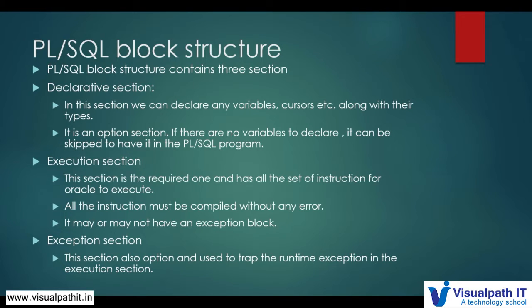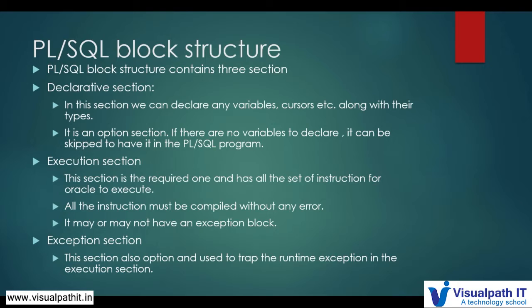Whenever that situation comes during runtime, the code which you have written in the exception block will trigger, and you will be saved. Your program will not bomb out, rather it will come out gracefully, or end gracefully. So this is the main advantage of having an exception block.